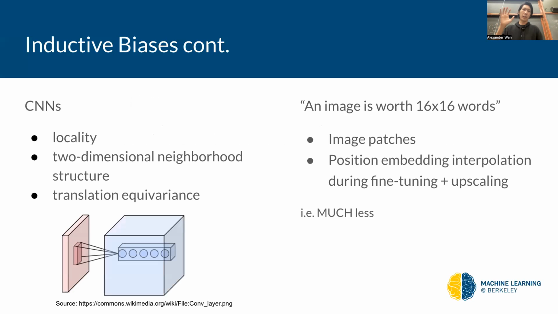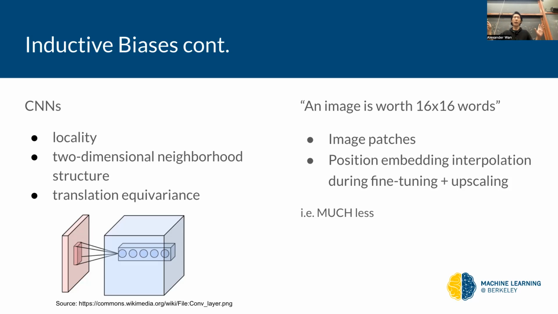So specifically, I'll compare and contrast the inductive biases that you have for CNNs versus for vision transformers. So CNNs on the left, the two big ones are locality and two-dimensional neighborhood structure. Locality means that the model tends to be more biased towards image features that are close together.